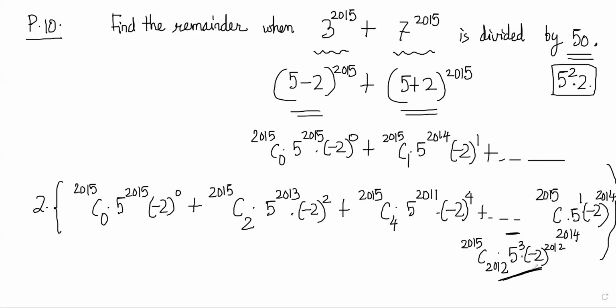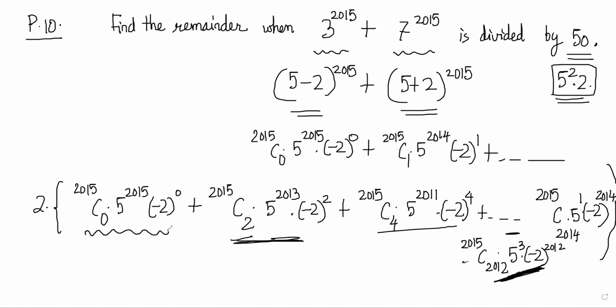So this is equal to 0 mod 50, right? Because it has a higher power of 5 and a higher power of 2 than 5 square into 2, right? So this is 0 mod 50. All the terms here are 0 mod 50, every term from here till the second last term is 0 mod 50.